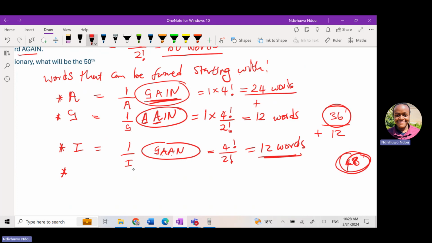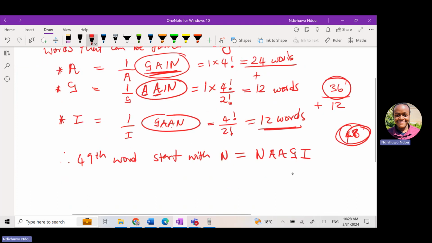Obviously, the 49th word will start with N. If we follow alphabetical order, it will be N, A, A, G, I. So this will be the 49th word.